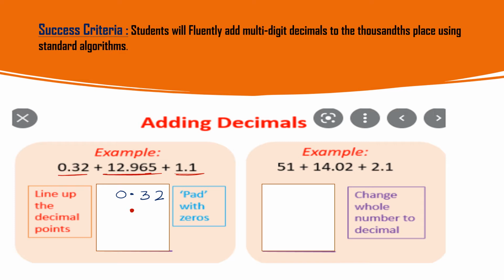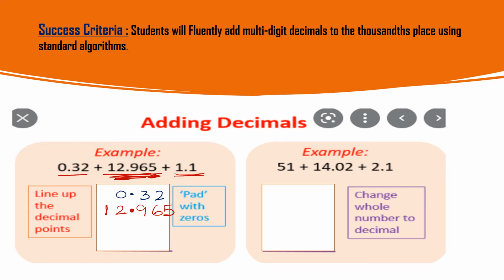Now, what is this number? 12.965. Under the 0, I have to write 12, but don't write the 12 under one digit: 2 here and 1 here, in the empty place. Under each digit, you have to write each digit. Under the 3, you will write 9. Under the 2, you will write 6. Now 5 is left, so you write 5 beside it.